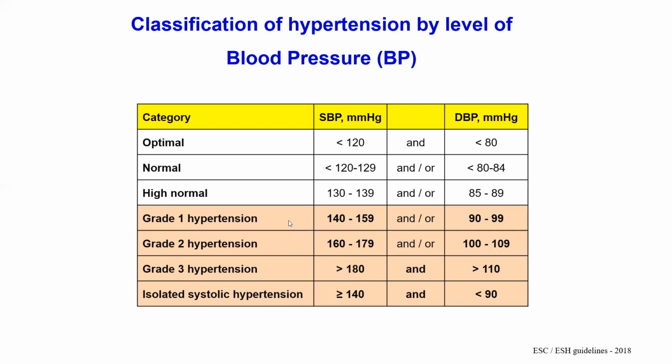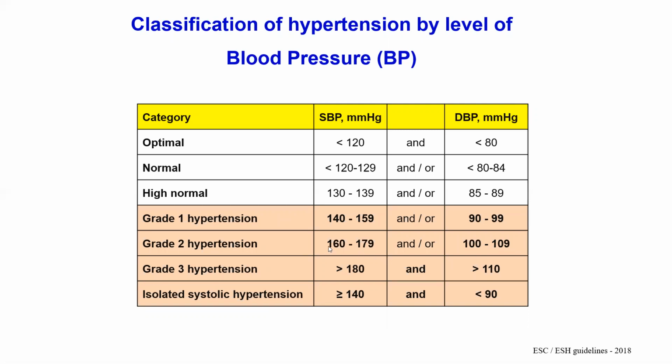Most students ask me a question about patients with different levels of systolic and diastolic blood pressure. For example, for patients with systolic blood pressure which corresponds to grade 1, but diastolic blood pressure which corresponds to grade 2 hypertension, we take into account the highest level of blood pressure. For example, if the blood pressure is 140 by 100, we diagnose grade 2 hypertension.